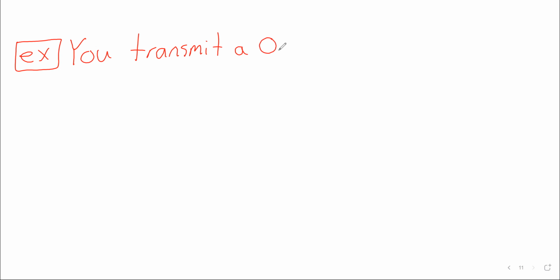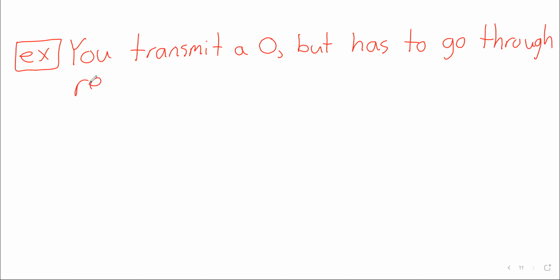Let's ask a more interesting question, or at least a more difficult one. You transmit a 0, but you're transmitting from a remote location, so it has to go through relays.